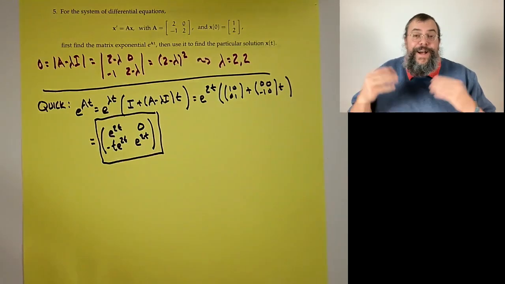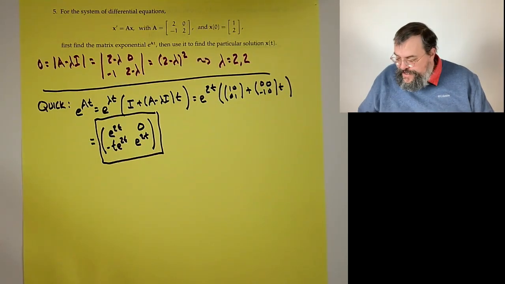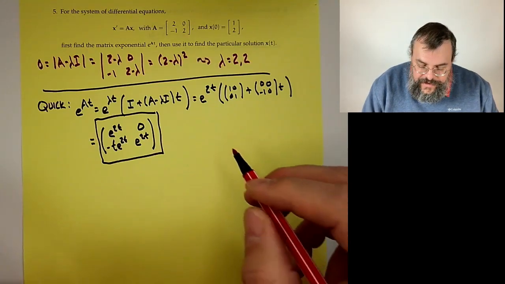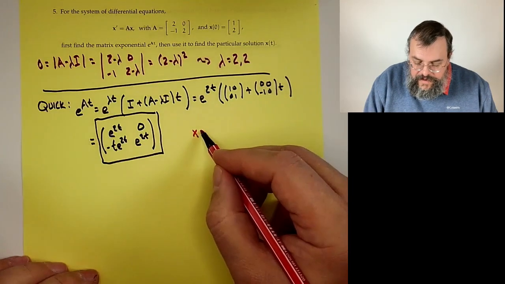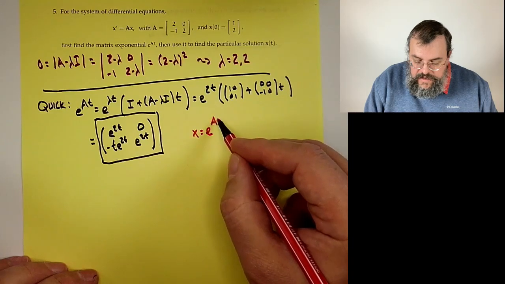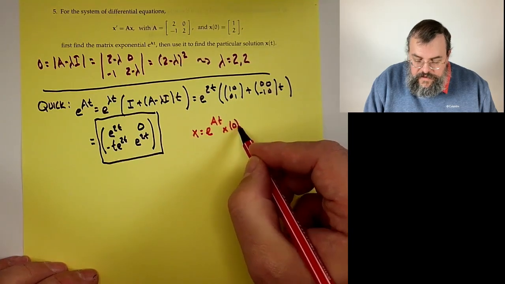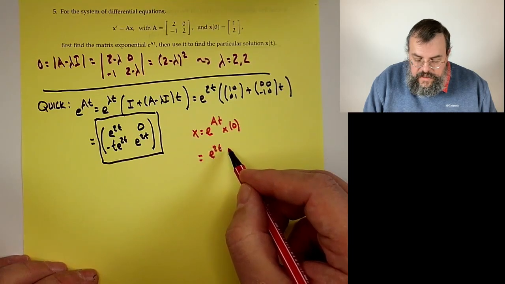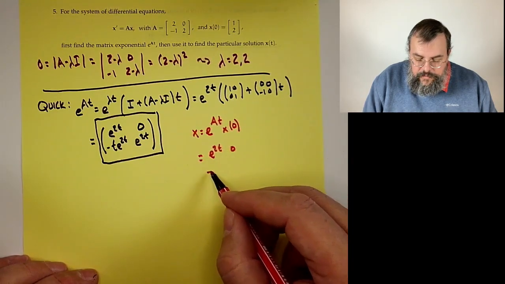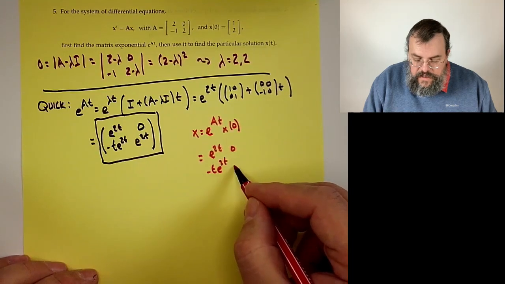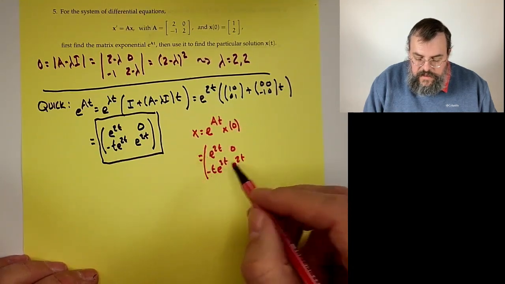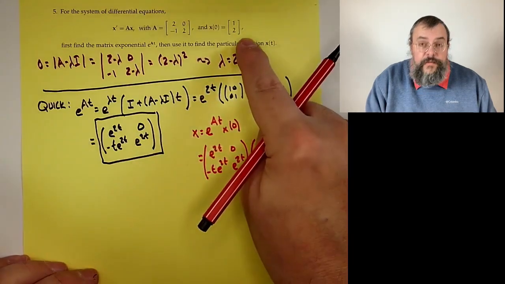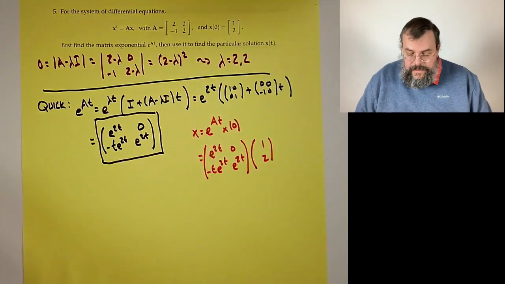Now, how do we use it to find the particular solution? That is actually pretty fun too. We have that x is equal to e to the At times x of 0. So that would be e to the 2t, 0, minus t e to the 2t, e to the 2t, times 1, 2, because that's our initial condition.